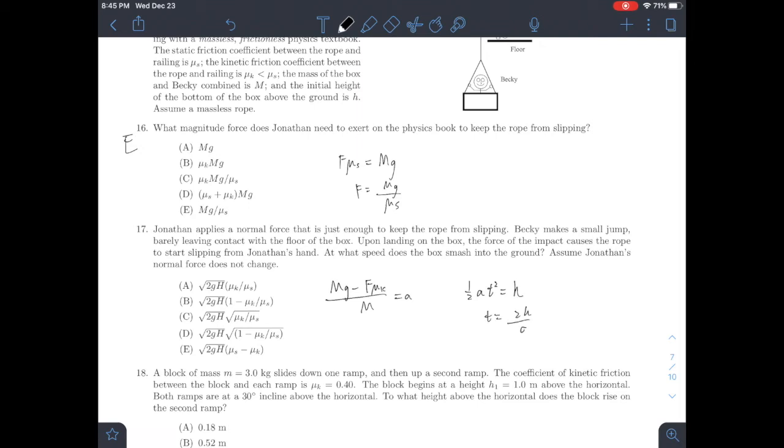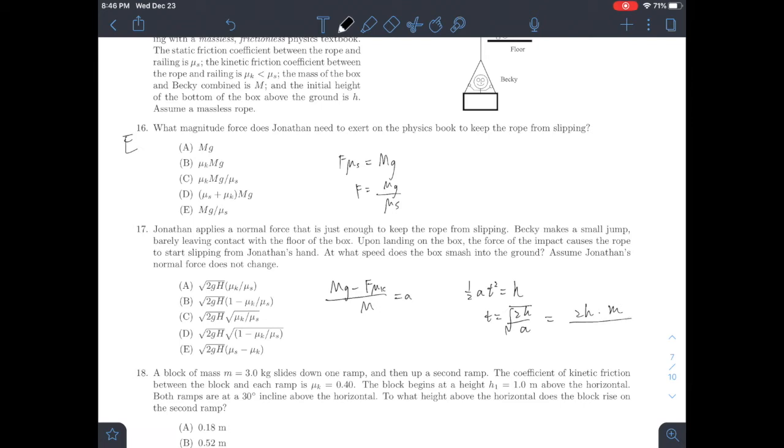So now we calculate the acceleration of the box by the net force divided by m, equal to a. Then we will use 1/2 a t squared equal to h to calculate t, how much time it needs to slide to the ground. So we have t equal to the square root of 2h over a.